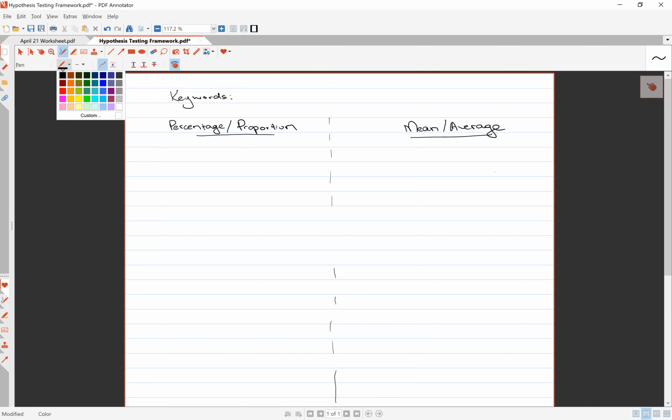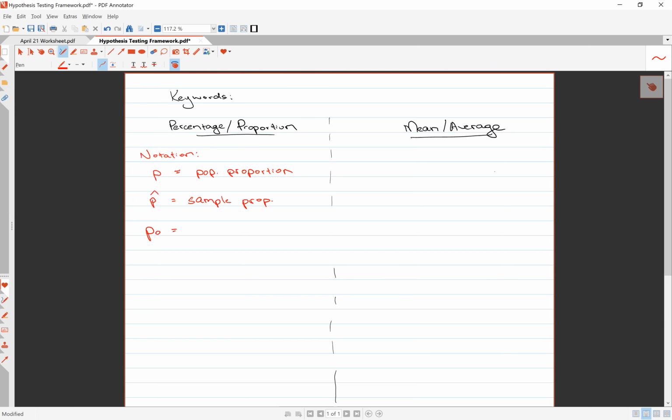If you've identified that it's a proportion, then you know that the notation you're going to use is: p represents the population proportion, p hat represents the sample proportion, and p0 represents the hypothesized proportion.